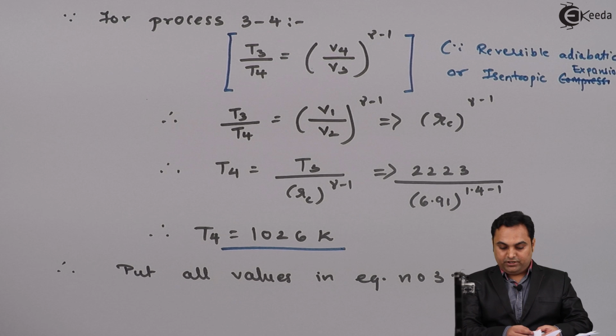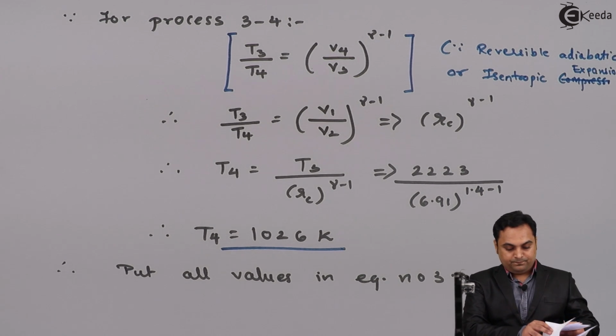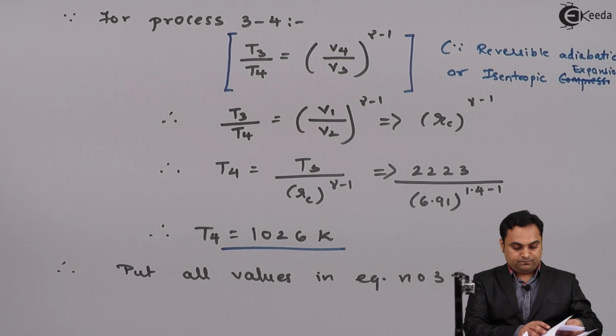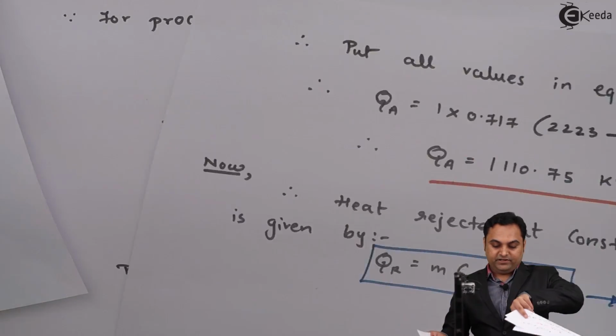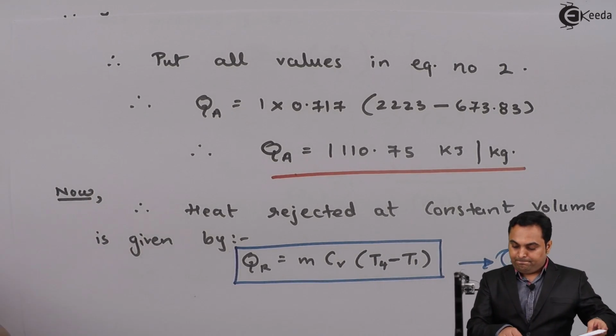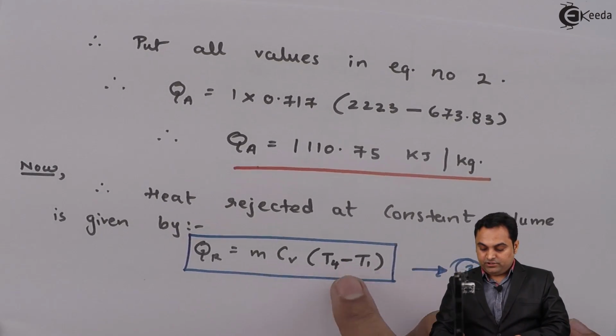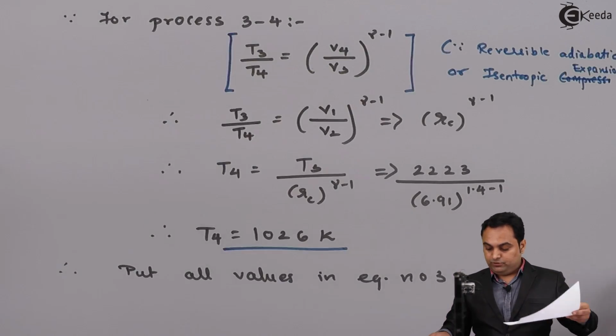In equation 3 we are having it as mCV T4 minus T1. So I'll put the values.